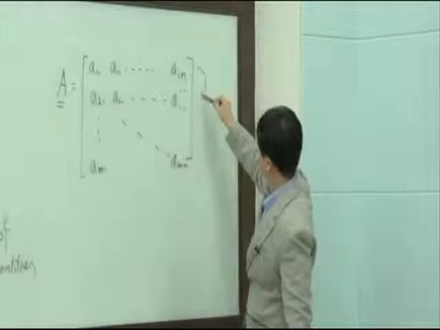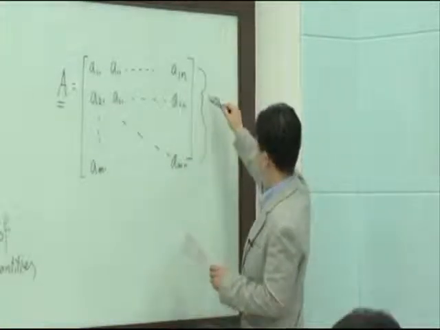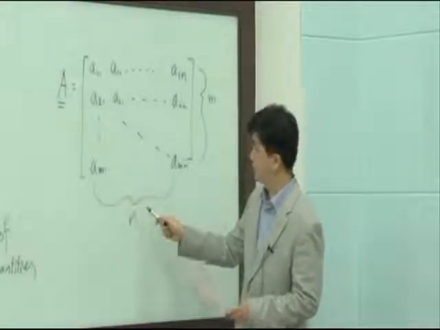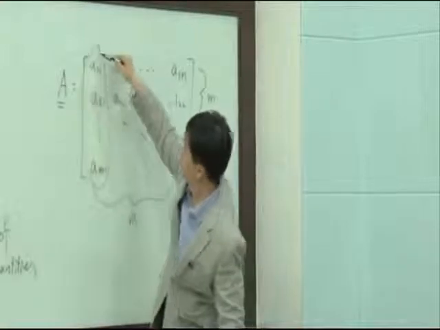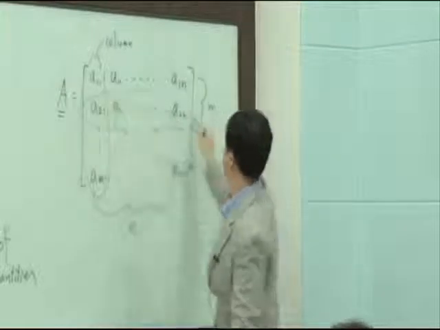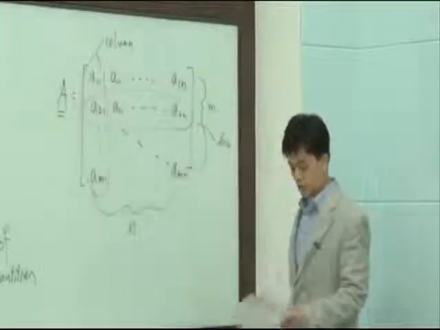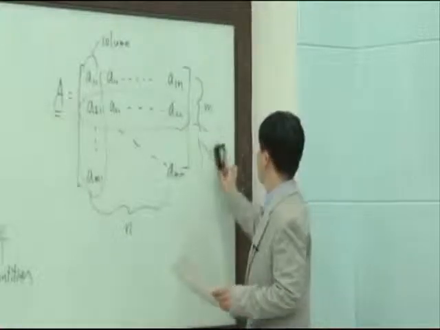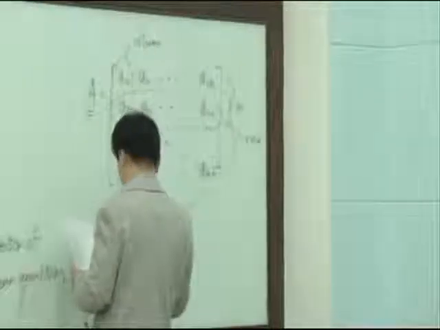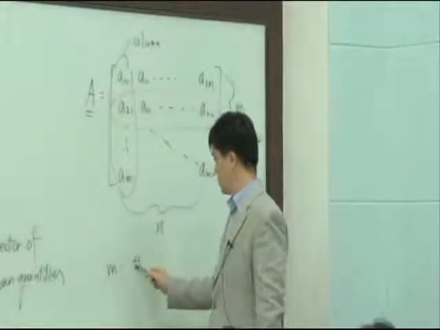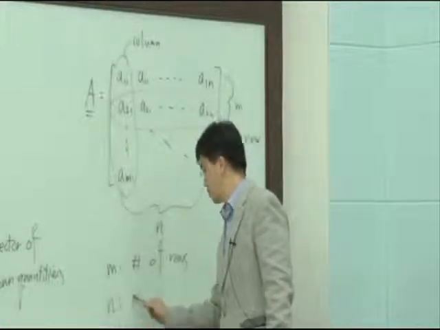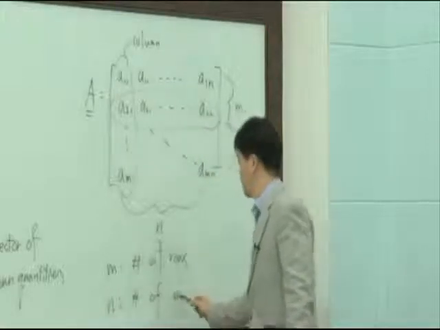So this matrix has m rows and n columns. This is the column, and this is the row. Row, not L, R O W. So m equals the number of rows, n equals the number of columns.